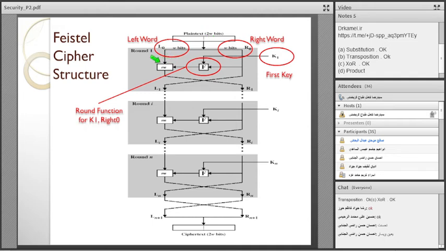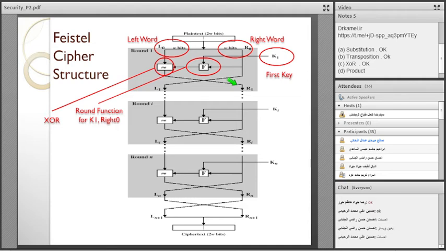For the left word, you use XOR to combine it with a function. Later I will discuss the function, which includes the right word and the key. You XOR the left one with the function that includes right and key.